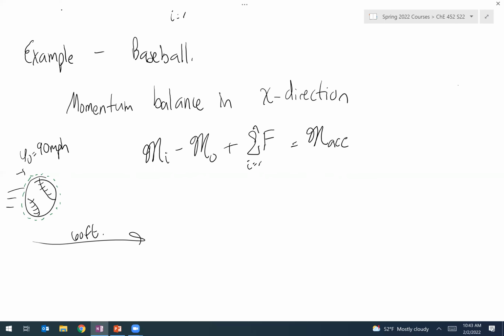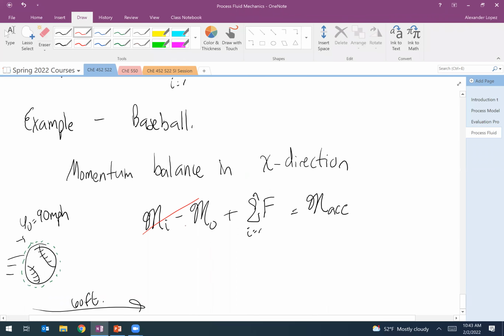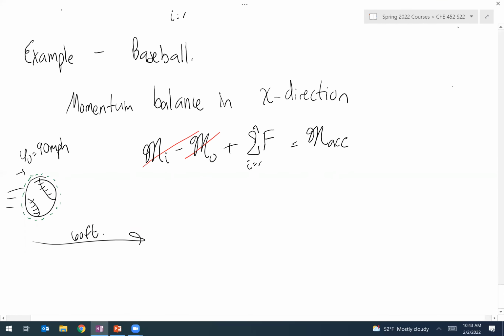All right. Well, the answer is there's no momentum in or out in this system. The only thing we actually have here is a force, and it's a drag force.